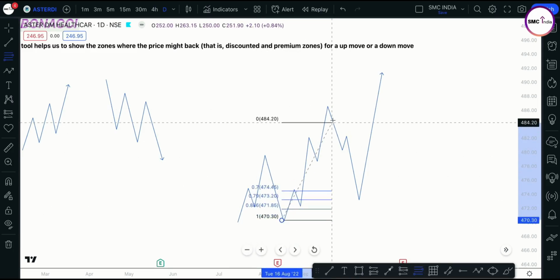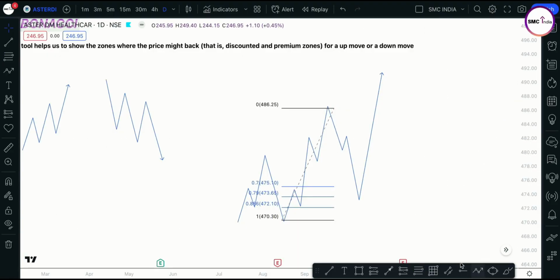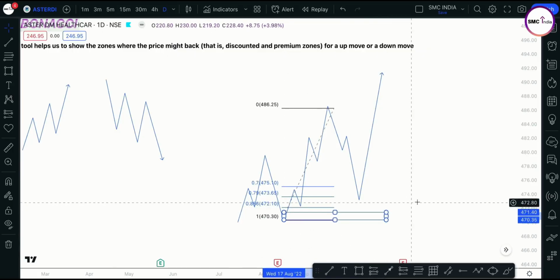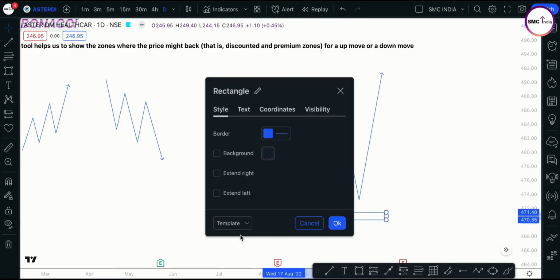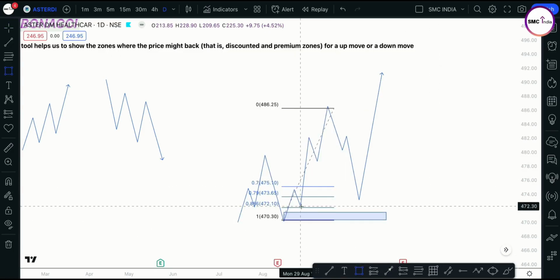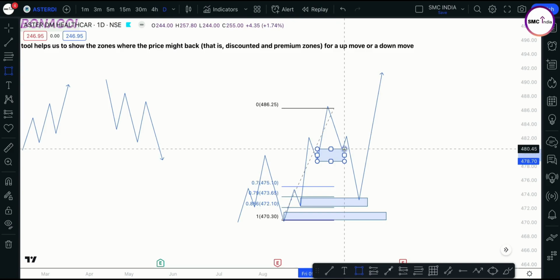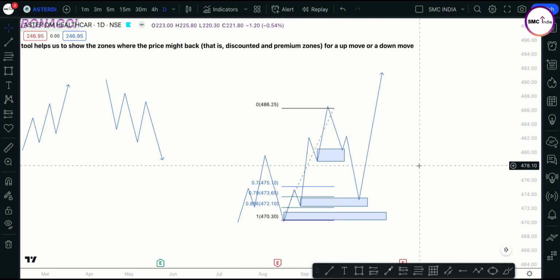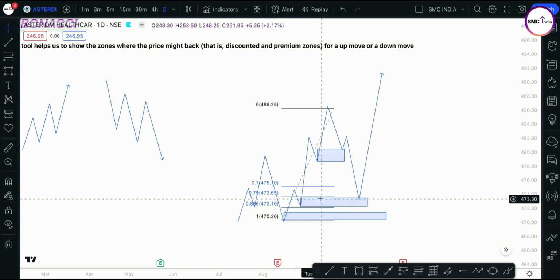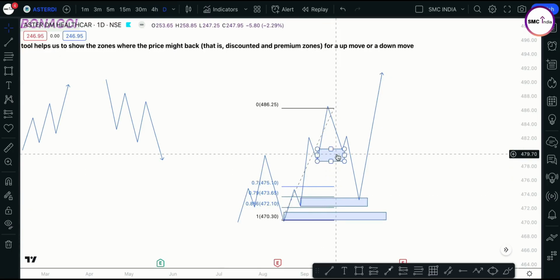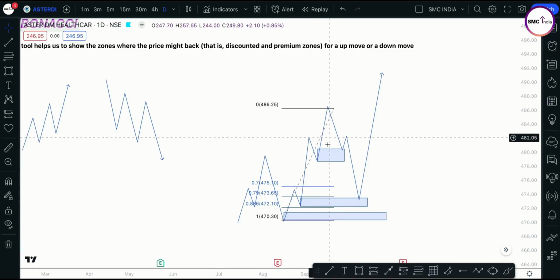So for this move up from this level to this level, you could see that there might be an order block here, another order block here, and another order block here. What this Fibonacci tool does is that it helps us focus only on the discounted order blocks. So you may say that it helps us in excluding this order block.